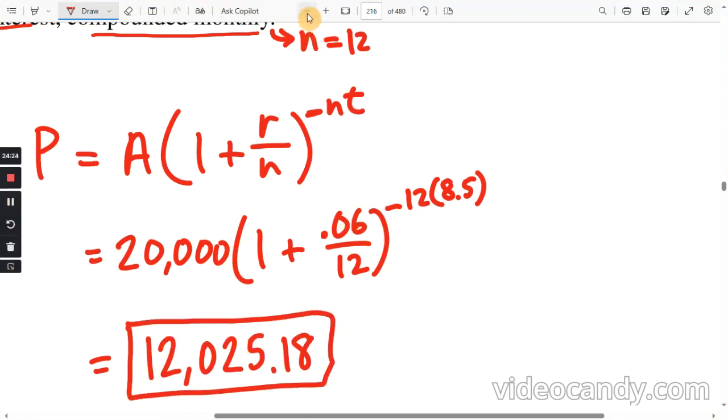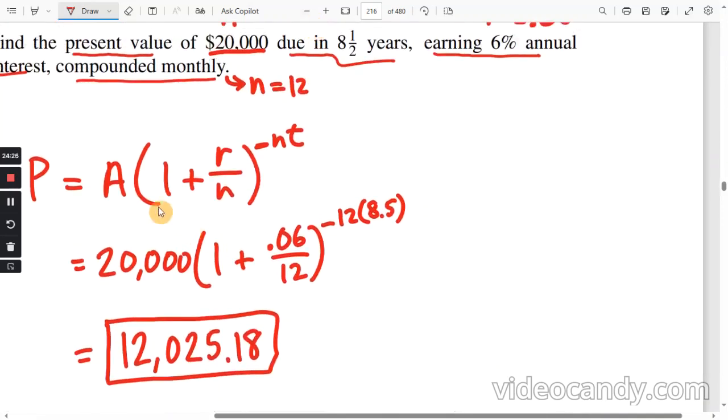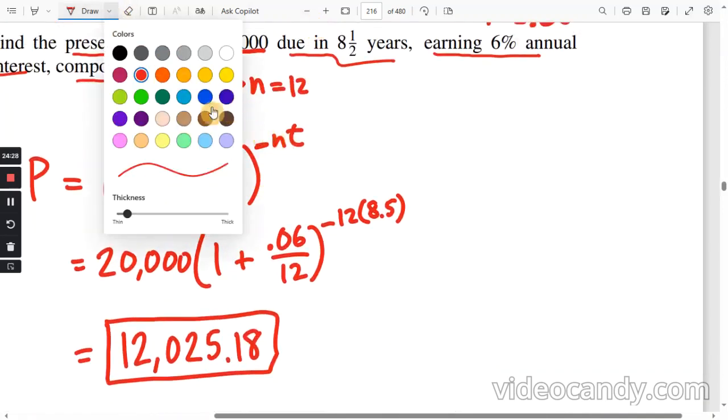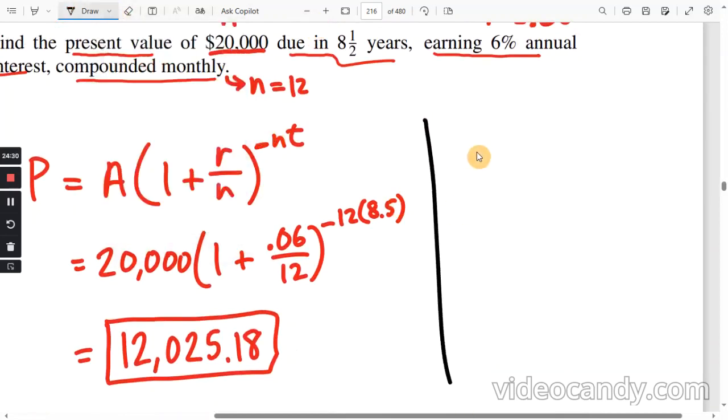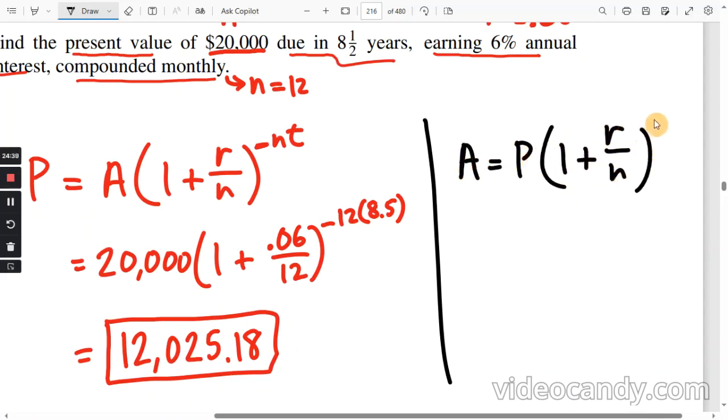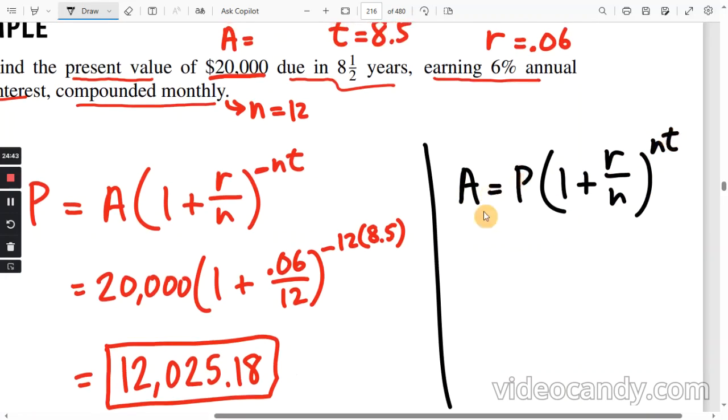Now, once again, as I said before, do you need this formula? No, not necessarily. If you only had A equals P times (1 plus r over n) to the power of nt, you can still do algebra from here, or you can just plug in the numbers.